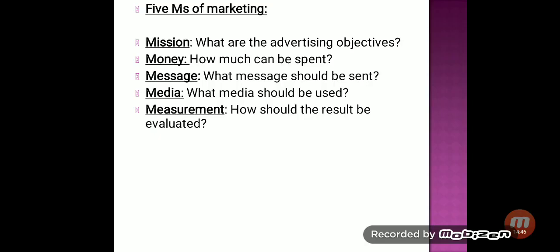Result means that after watching this advertisement, how many customers have taken a decision to purchase this product. So whether the advertisement is creating any purchase decision among the people or not. So measurement also should be done. In other words, measurement means the effectiveness of advertisement.